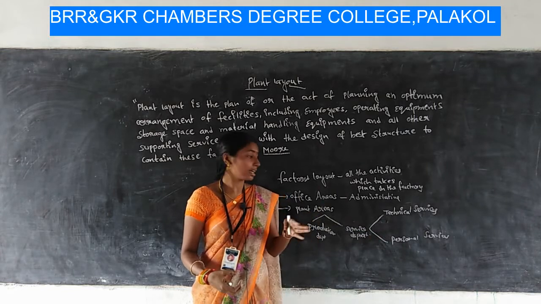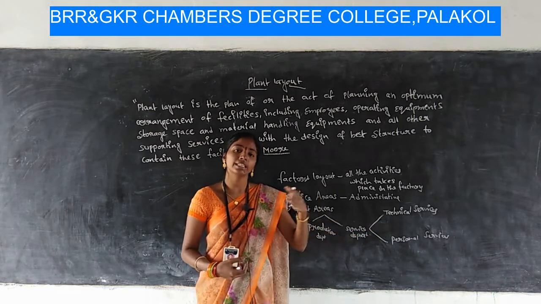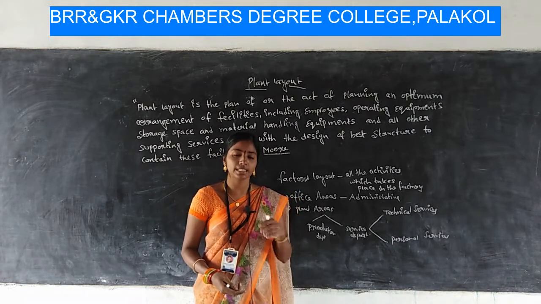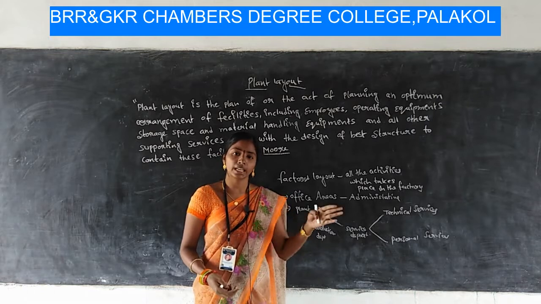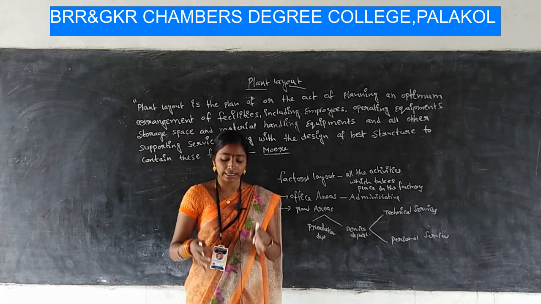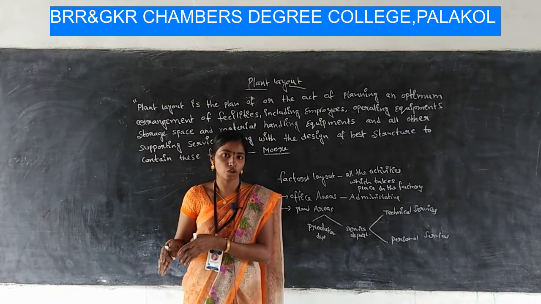We are receiving raw materials from the suppliers, so we have to store those raw materials in the storeroom. Then those materials are transformed through different processes and a finished product comes out. That finished product is to be kept in the stock room.